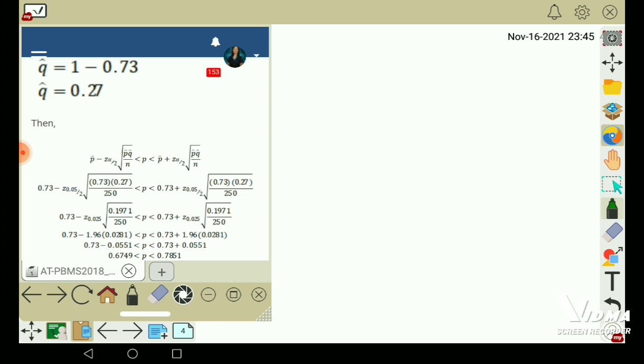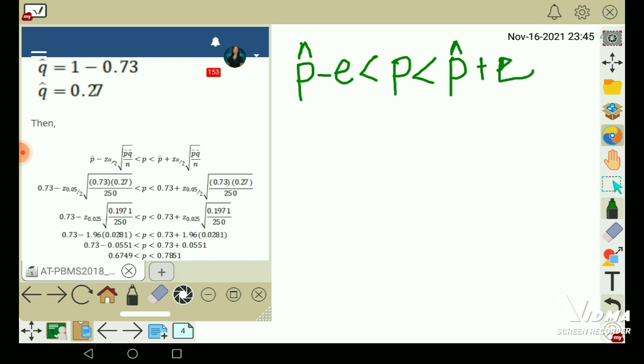Okay, so that only means your p hat minus E is less than your population proportion, and your population proportion is also less than your p hat plus E. We are just going to use all those solutions that we have.